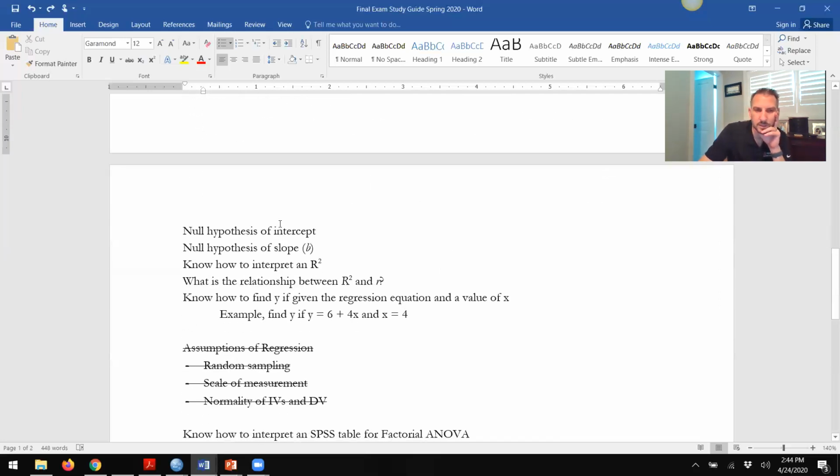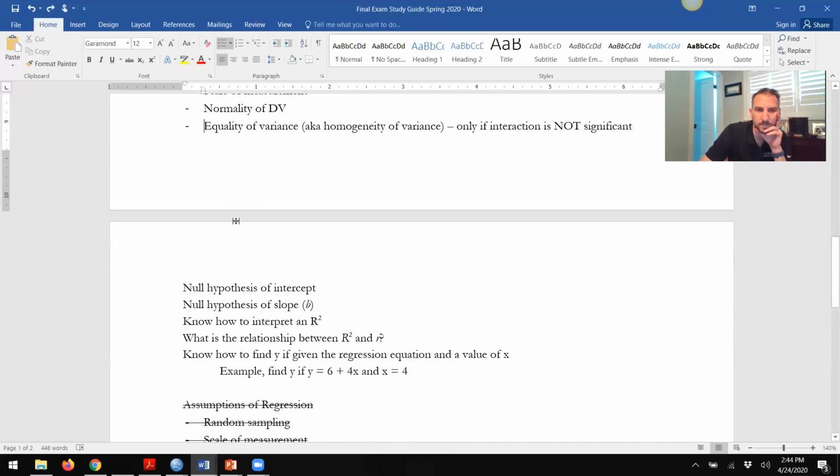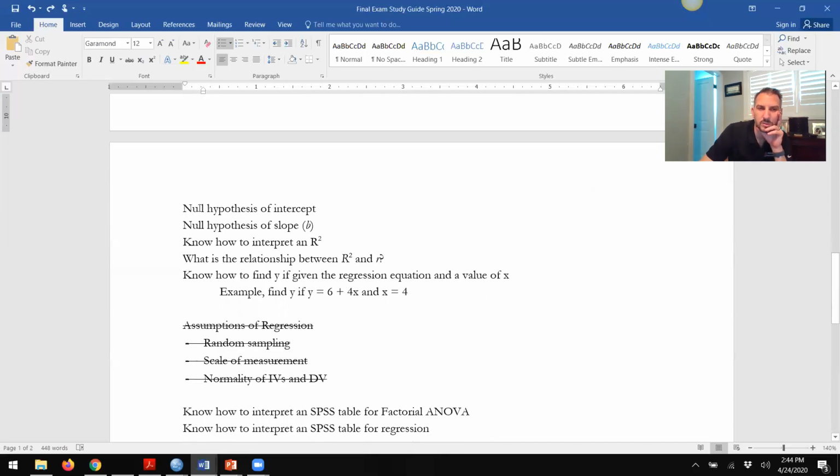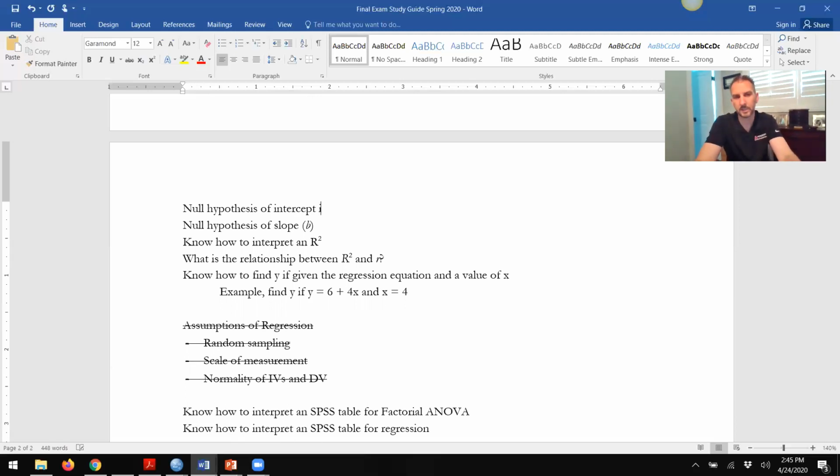Okay, and then let's see here, other ideas. These are about the regression. So here is the null hypothesis of the intercept. I'll type it in here. It is that the intercept equals 0.